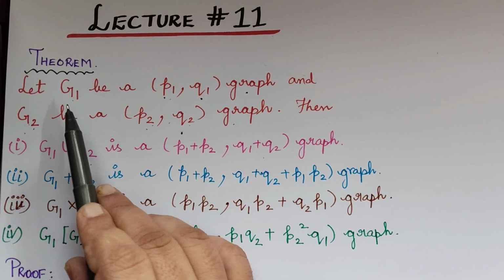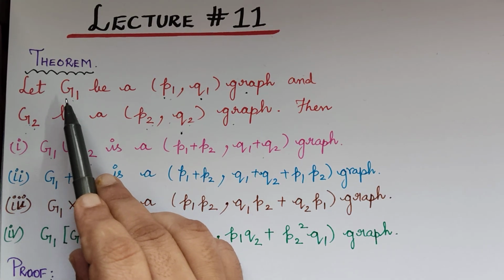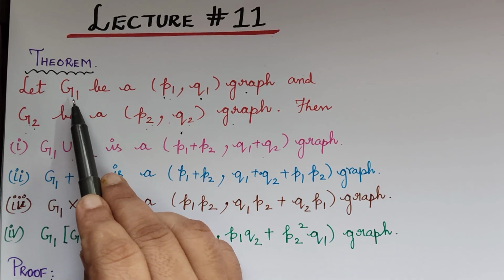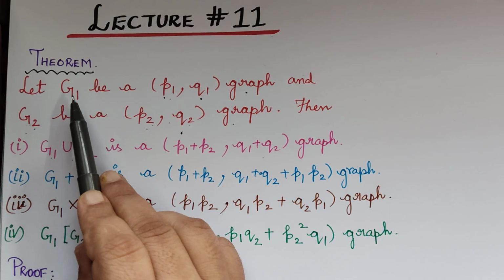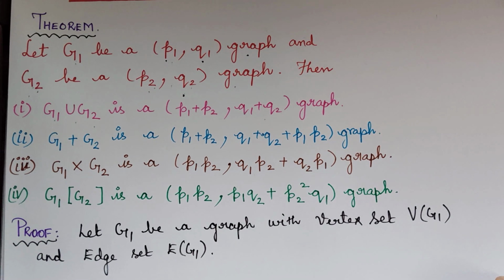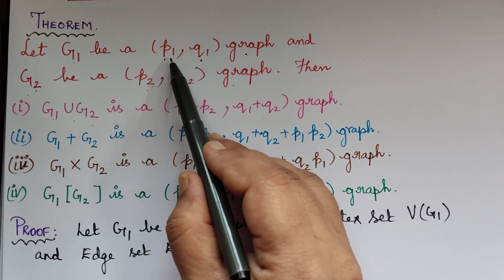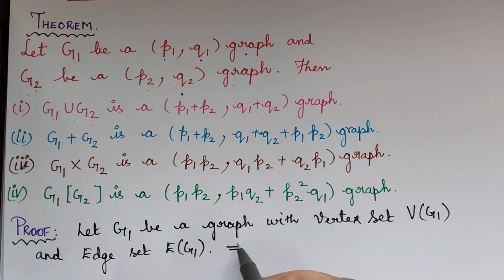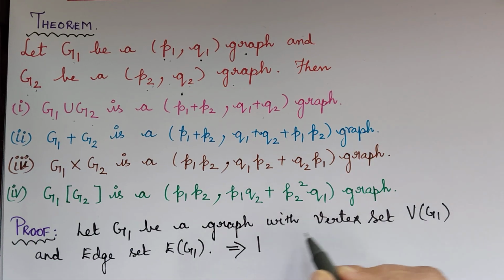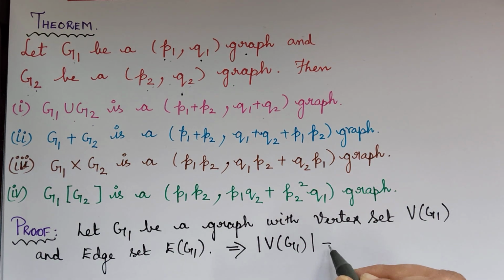First of all, we shall consider graph G1, and let us take the vertex set of G1 as V of G1 and the edge set of G1 as E of G1. After taking this, it is given that the number of vertices for G1 is P1. So from this we can write that the cardinality, that is the modulus of V of G1, represents the number of vertices of the graph G1, and it is given as P1.